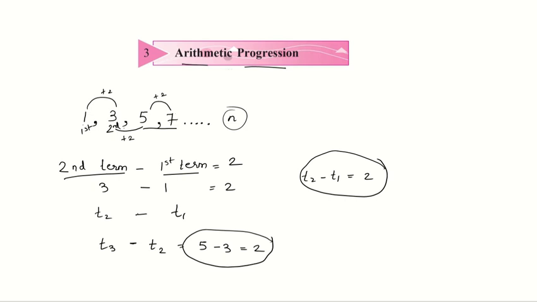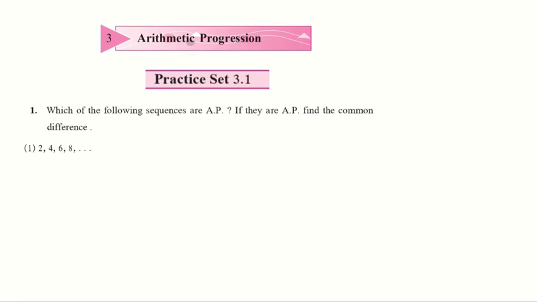And based on this, we are going to solve the first exercise, that is practice set 3.1. Let us start with 3.1, and the first question given here is, which of the following sequences are AP? And if they are AP, find the common difference.